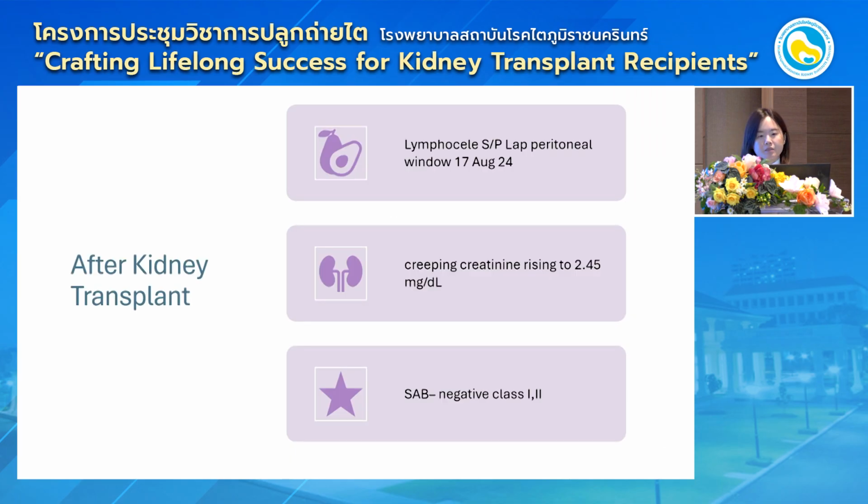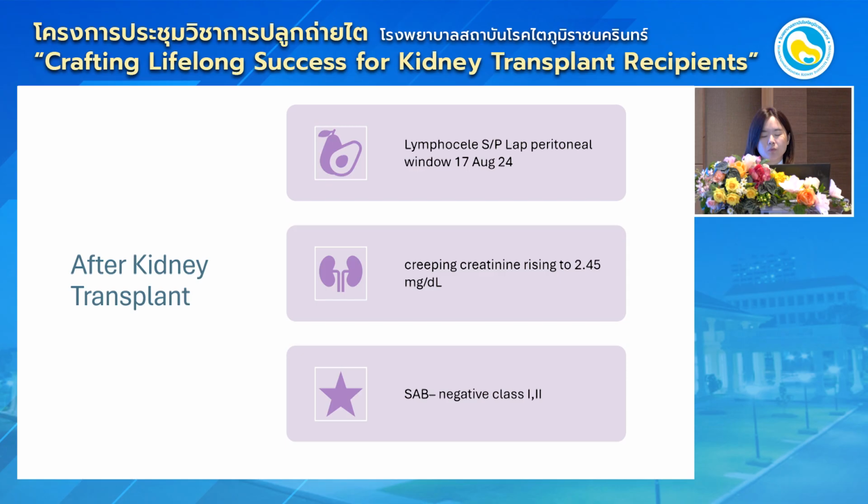After kidney transplant, the patient had lymphocele and had to undergo a laparoscopic peritoneal window around 1.5 months after transplant. After that, creatinine was still creeping, rising to 2.45 milligram per deciliter.